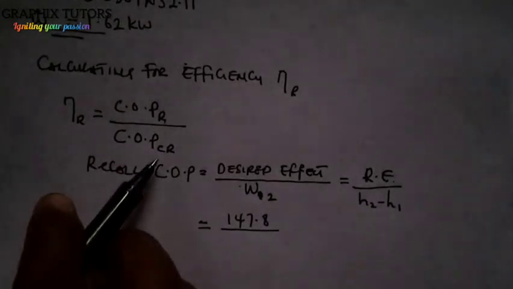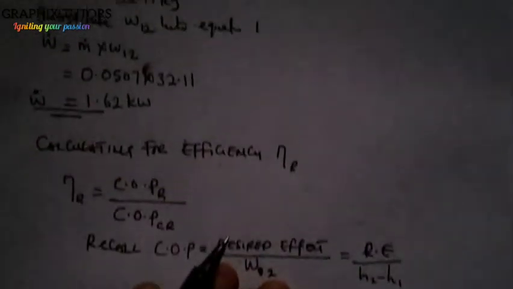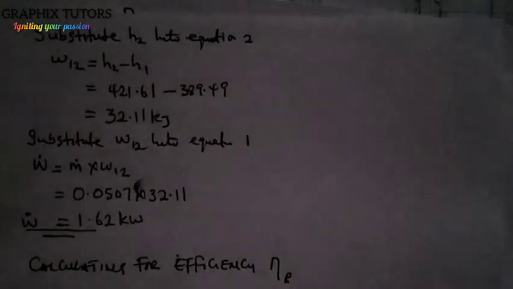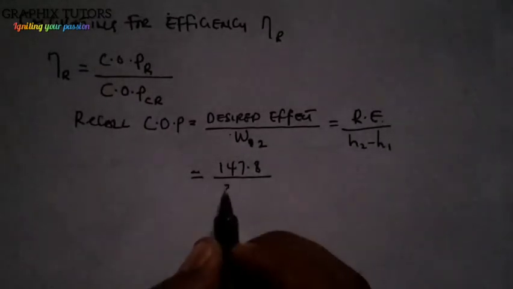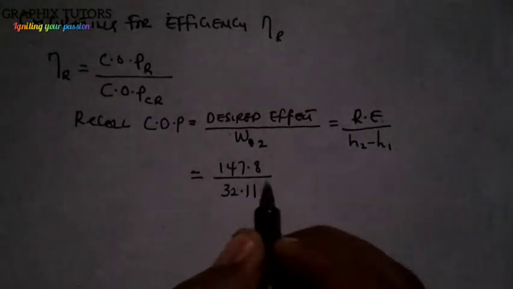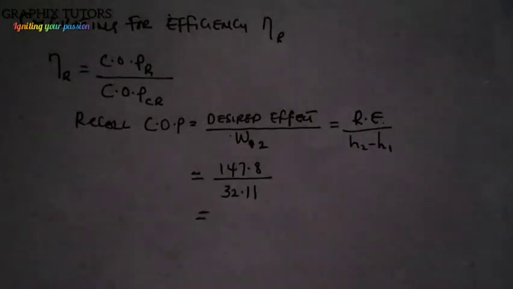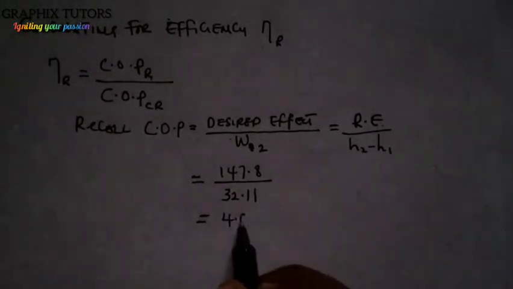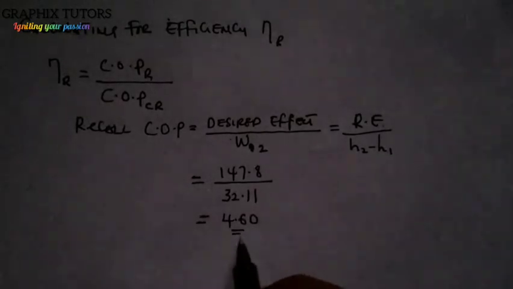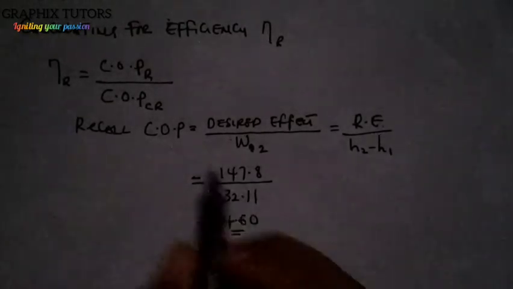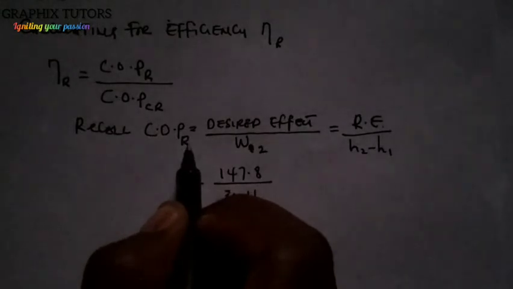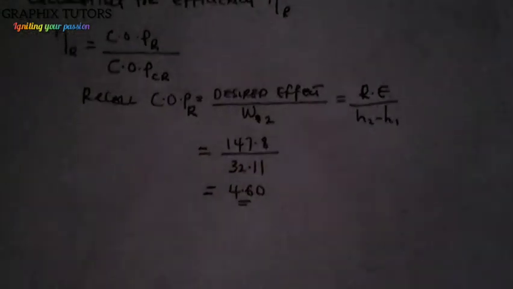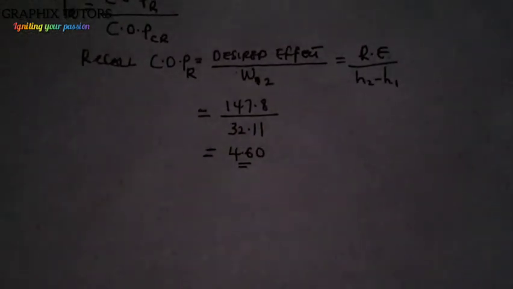The H2 minus H1 we have here is 32.11, and this will give me 4.60, no unit for it. So this is the COP of the refrigerator. Now we want to do the COP of the Carnot refrigerator.